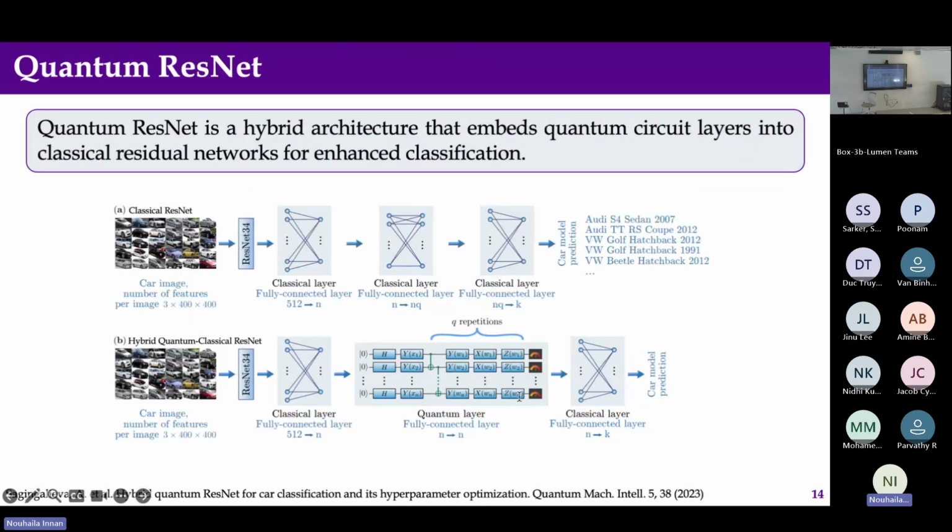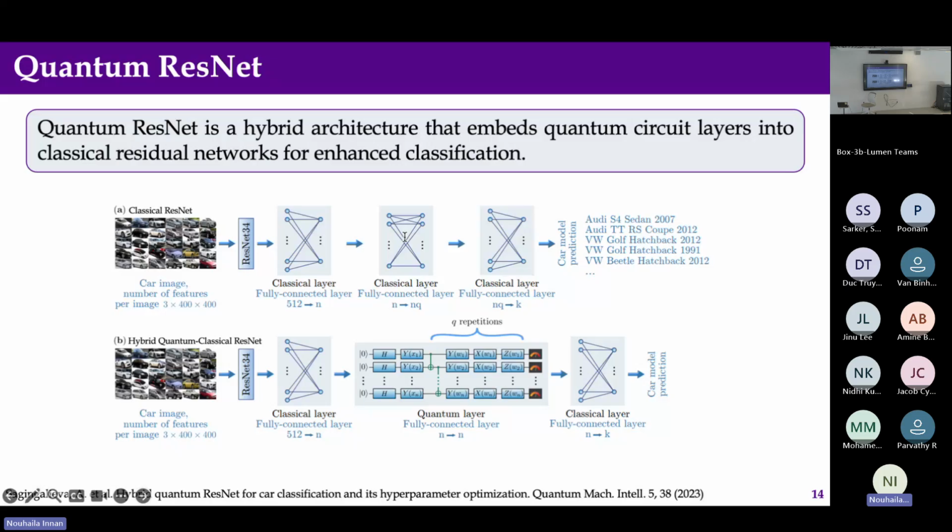Then there are other models like quantum ResNet. Here it's just a hybrid extension of the classical ResNet architecture. At the top, we have a classical ResNet pipeline.